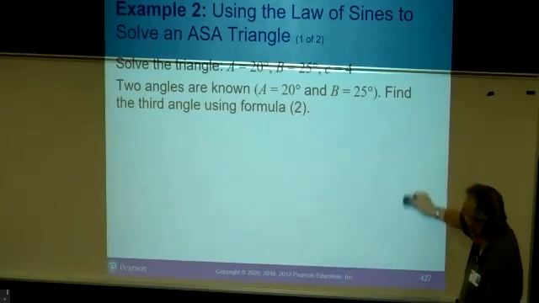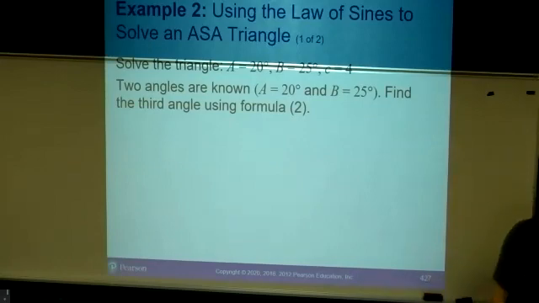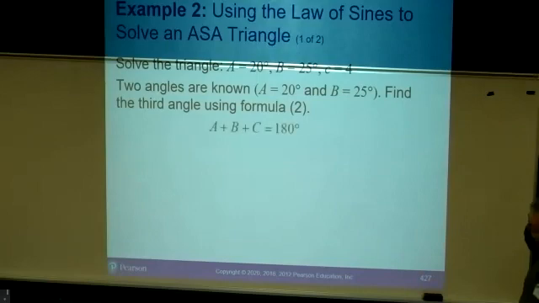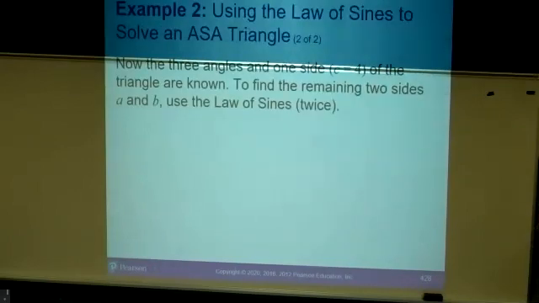All right, so we know the missing angle. So now 3 angles and 1 side. So we set up the... What was the one side we knew?